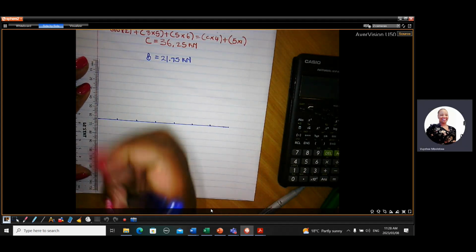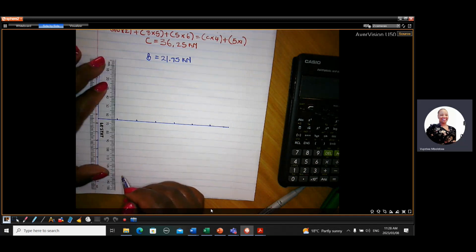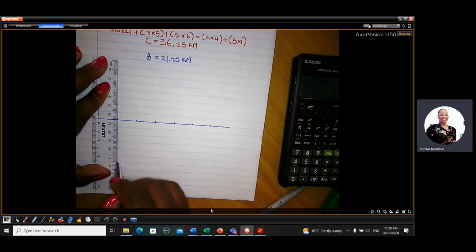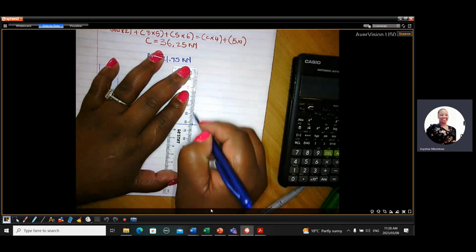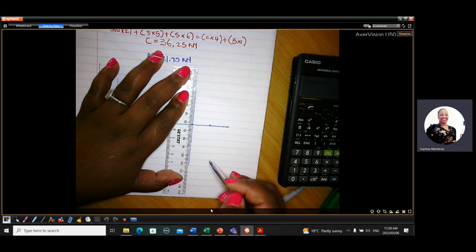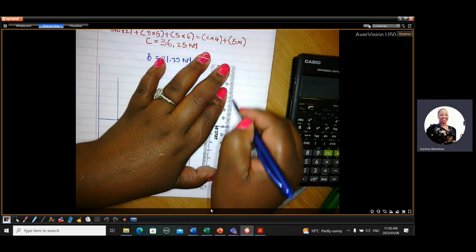Then you have a reference at each point. So that is A. B is 1 meter from that. Then 4 meters from that. 1, 2, 3, 4. It's C. And then a meter from there is D. And then we have E. Okay.